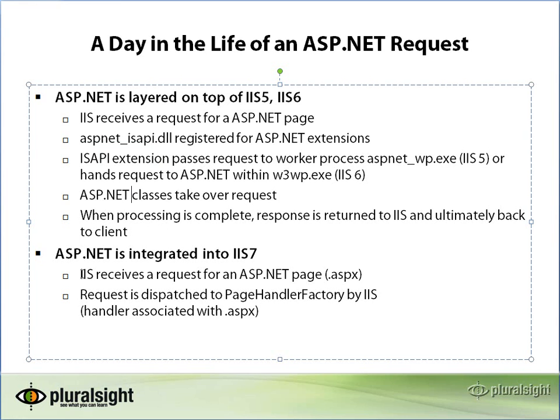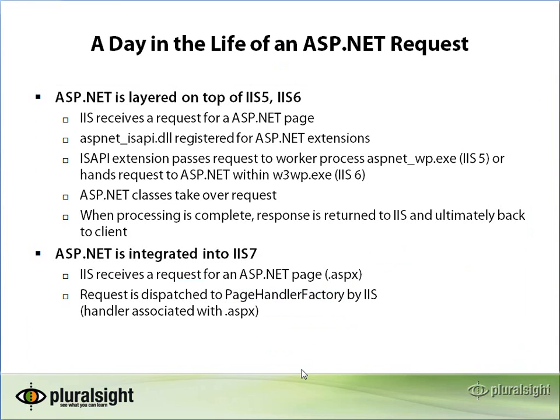Things actually get a bit simpler, because IIS simply receives a request. It has an association for ASPX with a specific managed class, which in this case is going to be the page handler factory, and it will take care of finding or creating the class needed and dispatching the request. So next we'll take a look in more detail at each of these and how the request goes through, and more specifically how ASP.NET actually compiles and generates the code for these endpoints.